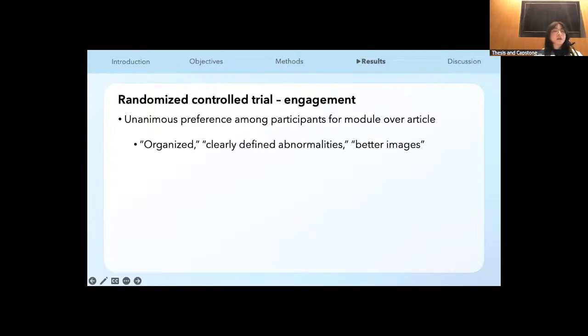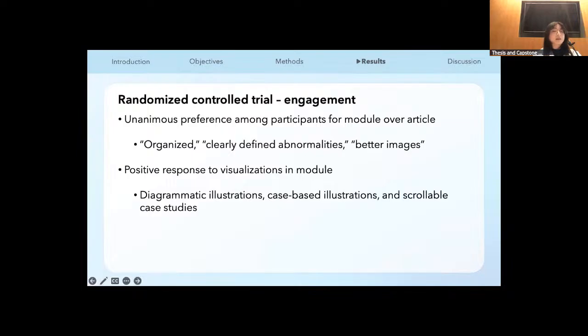Common themes from the open-ended responses were that the module was organized, with clearly defined abnormalities and better images. Participants also responded positively to the visualizations in the module, which included the diagrammatic and case-based illustrations, as well as scrollable case studies. All 3 received an average 5 out of 5 on Likert scale rankings for helpfulness, with 5 being very helpful.